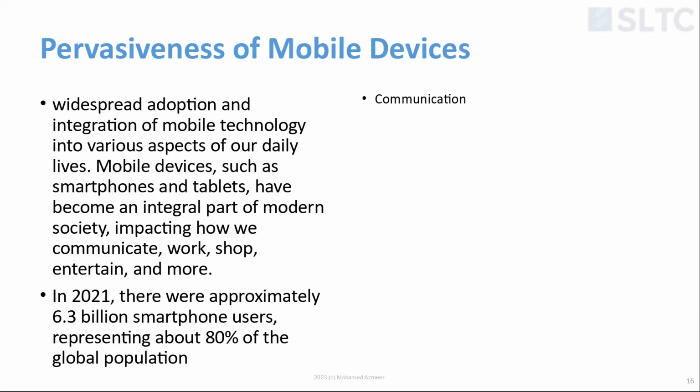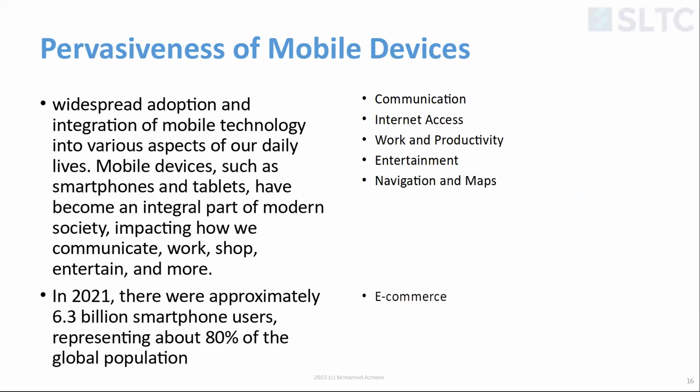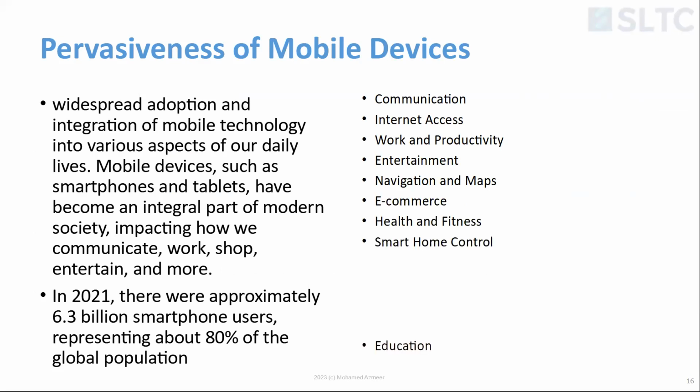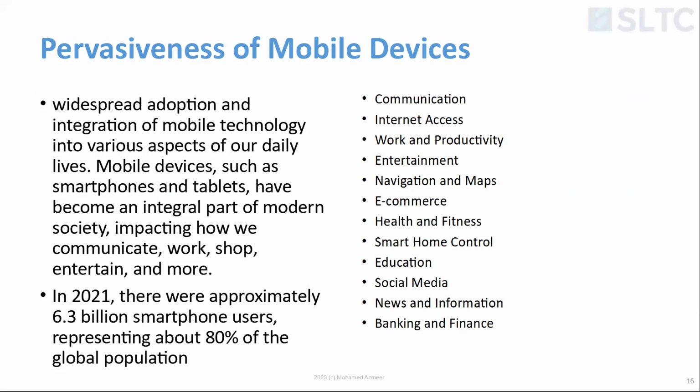We also looked at the pervasiveness of mobile devices, meaning it's everywhere, right? It's everywhere. And these are some of the areas, the bullet points on the right-hand side shows where there are opportunities to build mobile applications. So starting from communication apps, internet access, work and productivity, entertainment, navigation. These are all opportunities we have for us to build mobile applications.